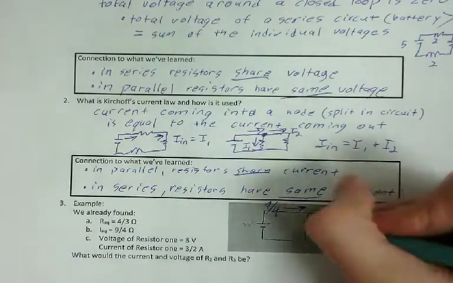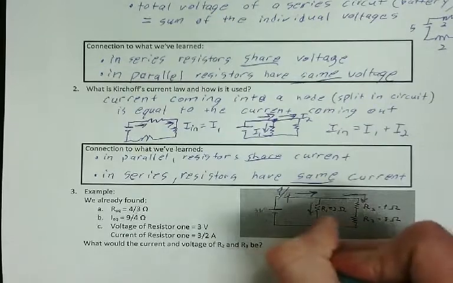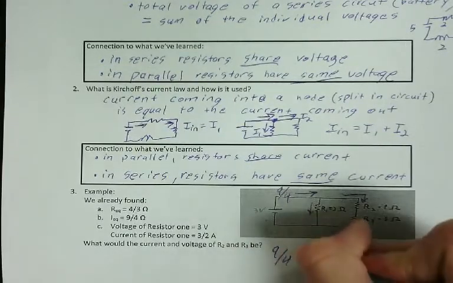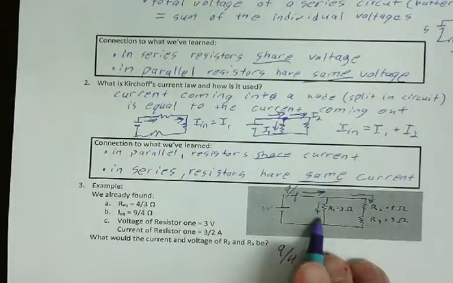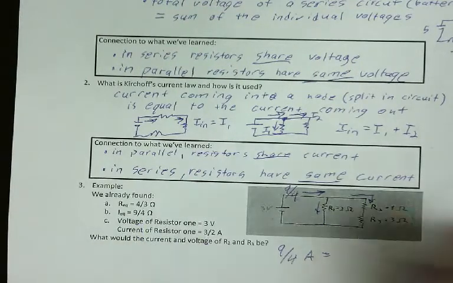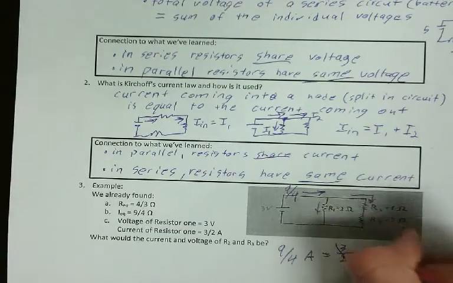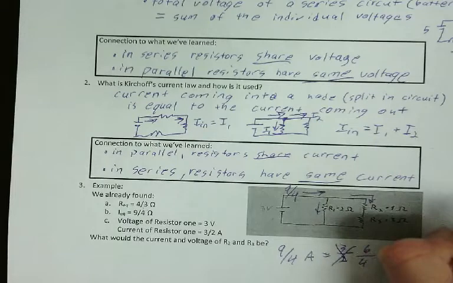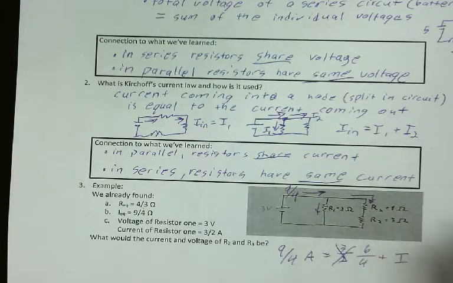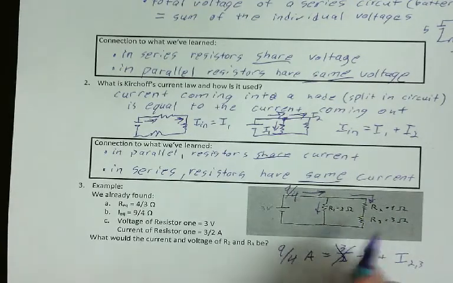Okay? That has to split between these two ways. So 9/4 amps has to equal this current, which we already found to be 3/2, which I'm going to rewrite in fourths, so this would be 6/4, plus I. I'm going to call this I23 since it goes through both 2 and 3. They're in series, so they would have the same current.